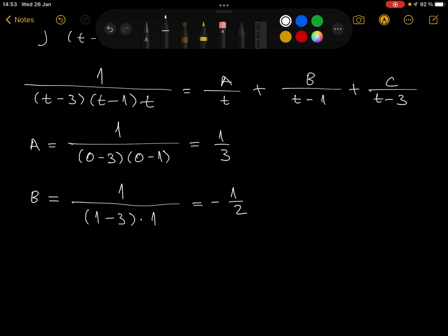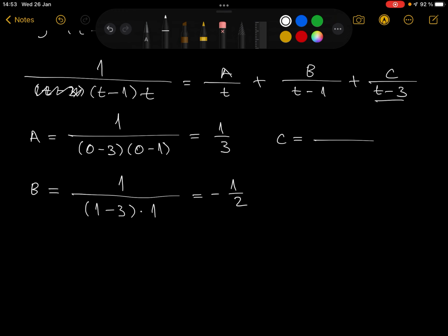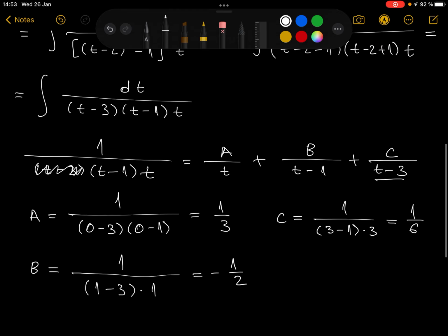So again, in this case, t has to be 3, and we cover this part up, and c is equal to 1 over 3 minus 1 times 3, which is equal to 1 over 6.